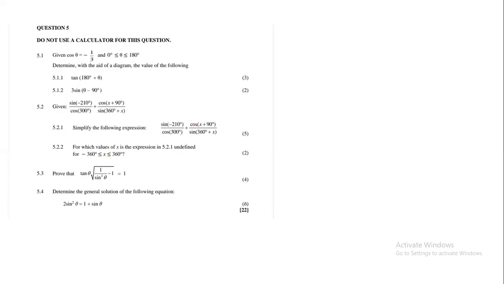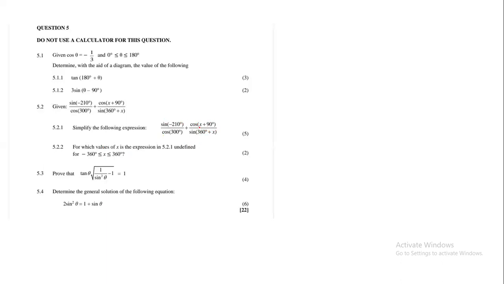So which x values will make this expression undefined? That means if I plug that x value in here and here and punch it on your calculator, it will be undefined. Which are those x values? I want you to determine those x values. That's what the question says to us.